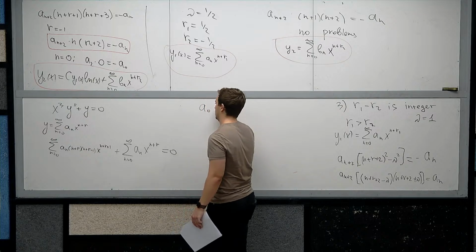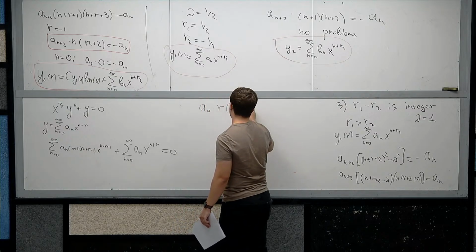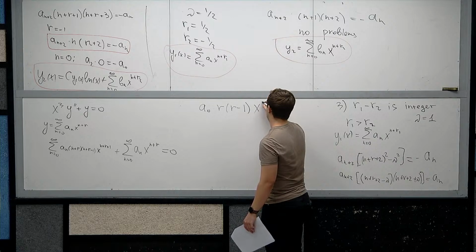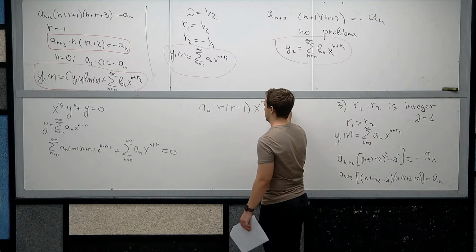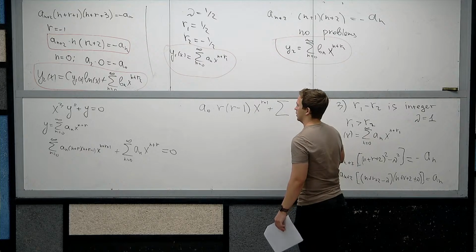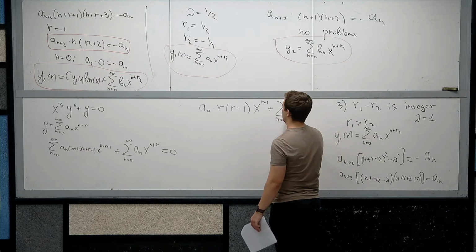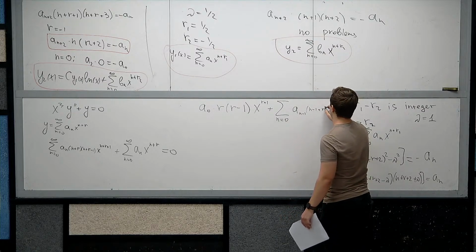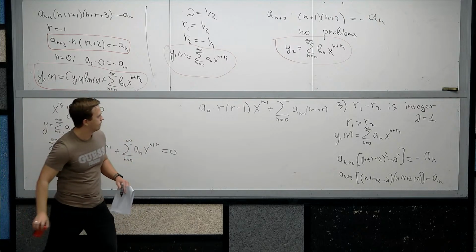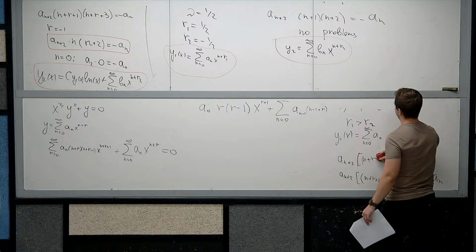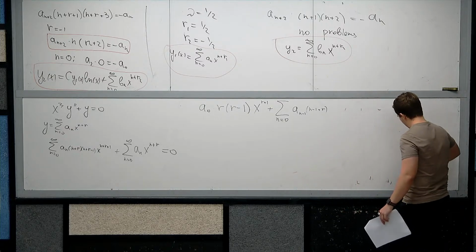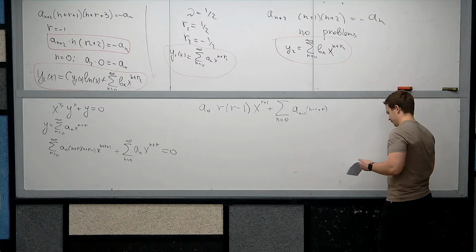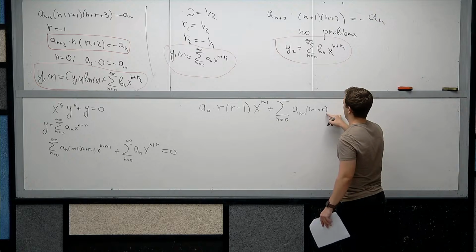So it will be a naught r plus minus 1, and then x to the r plus 1, plus the series from 0, n plus 1.